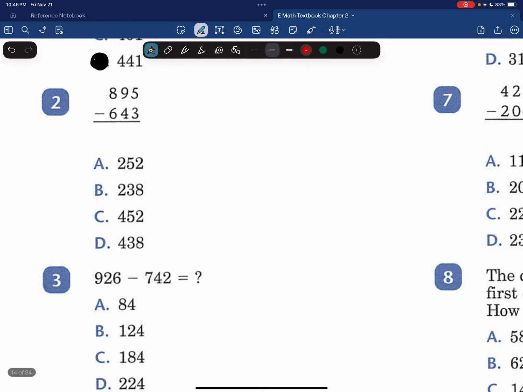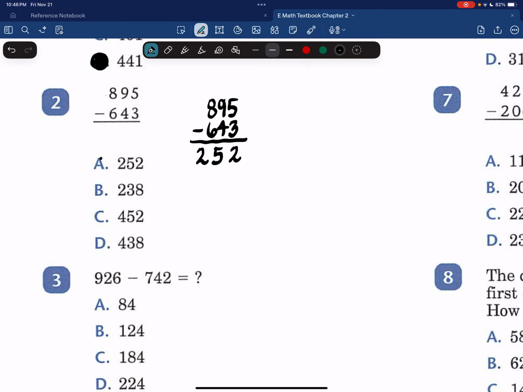All right, 895. If you need to draw a number line or the model on your scrap paper, you absolutely can do that. 5 minus 3 is 2. 9 minus 4 is 5. And 8 minus 6 is 2.